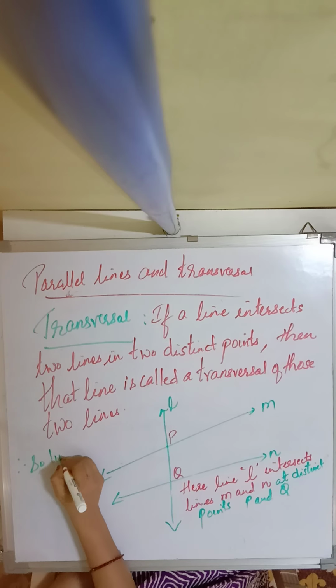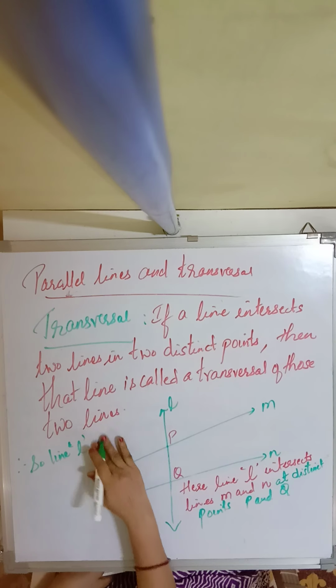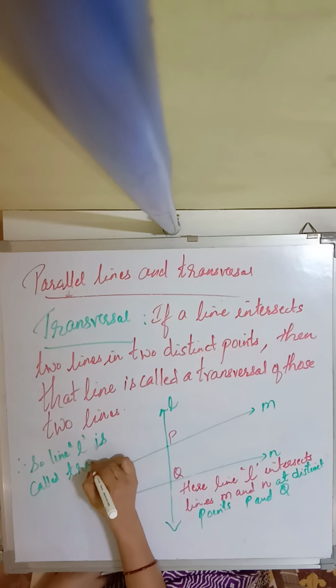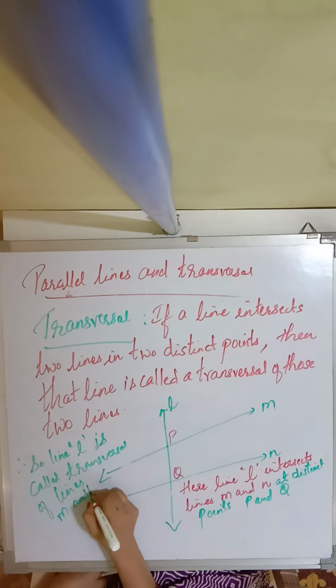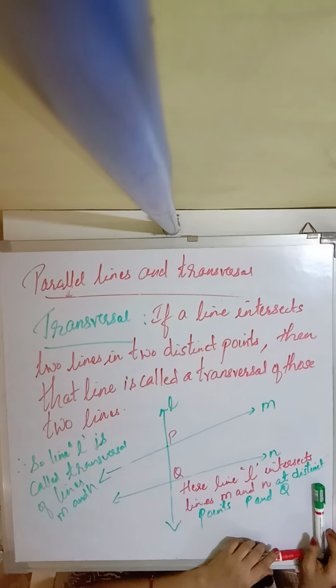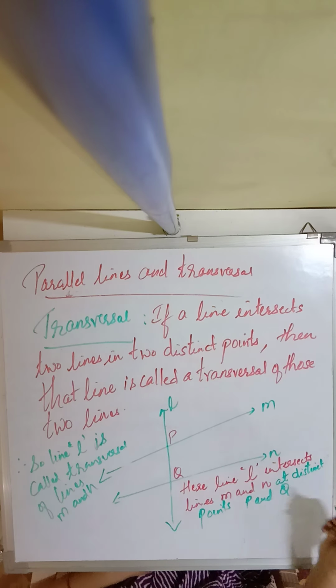So line L is called transversal of lines M and N. So children, in case of transversal, you have to see that it should intersect the two lines, or sometimes a transversal can intersect three lines also, but in that case also we get the transversal.